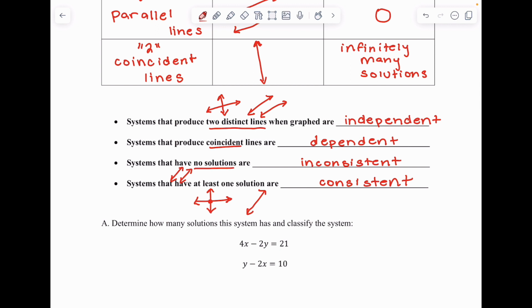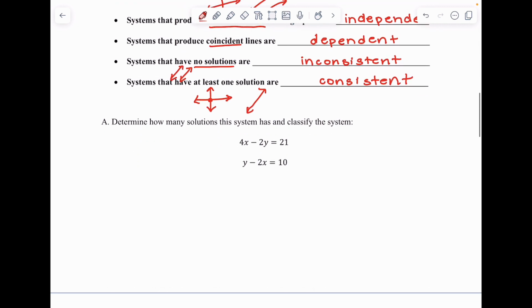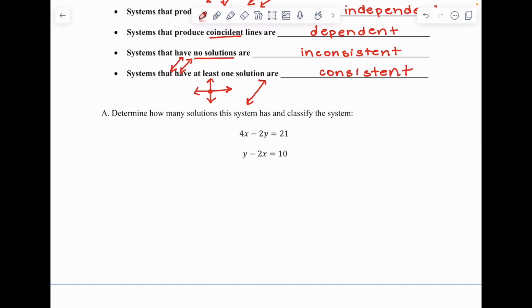So let's see if we can identify what each system is. Determine how many solutions the system has and classify the system. I'm going to start by attempting to solve the system.